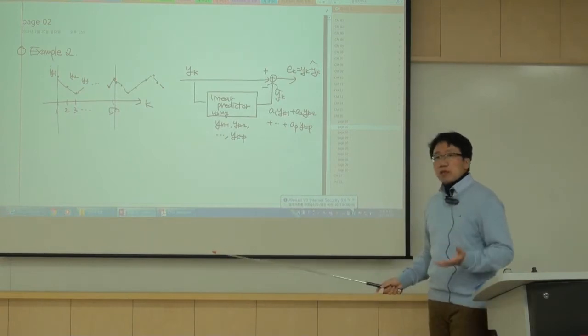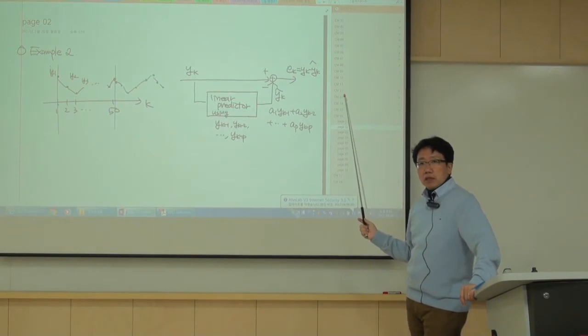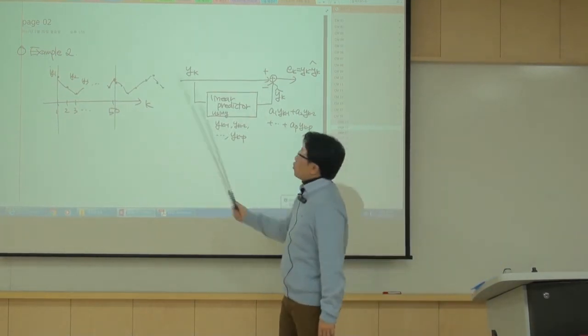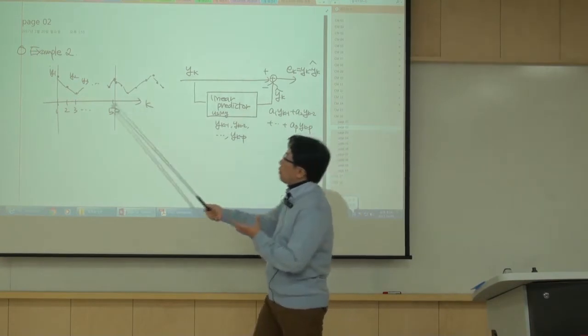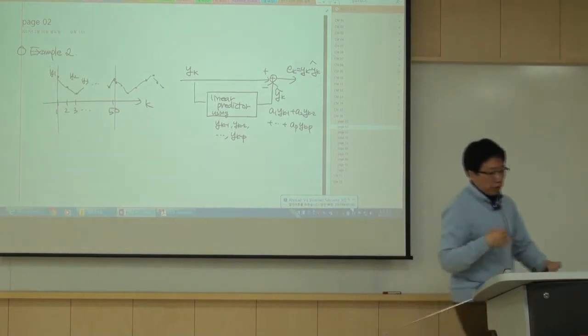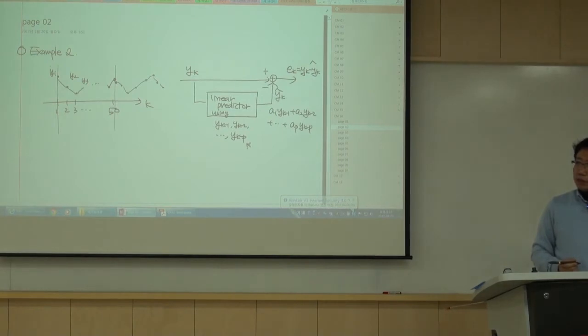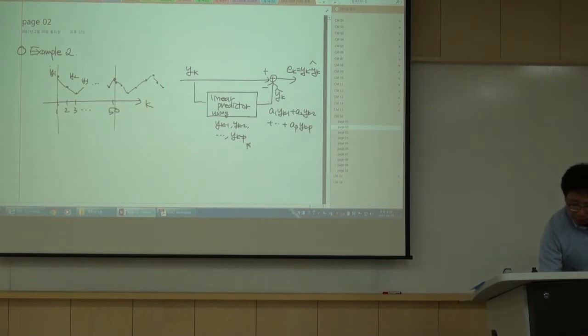Now, what would be the best case? This estimation error is minimized. Am I right? Now, how many such estimation errors can you make from this observation? When you have an order P linear predictor, the story is like this. Suppose your P is 2. Then you want to use y1 and y2 to predict y3.